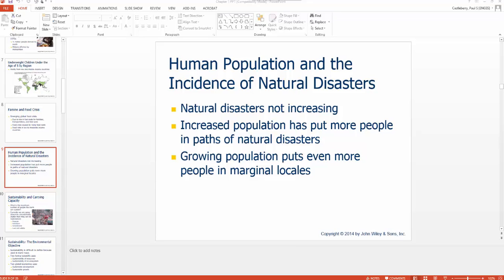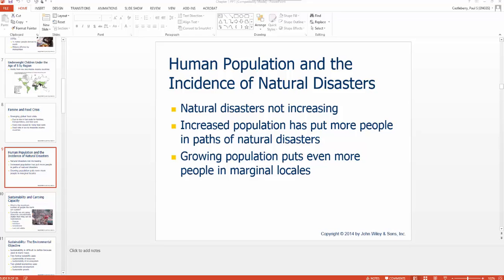So it's not necessarily that natural disasters are increasing, although there is some talk about that occurring if global warming is actually occurring. But if we just ignore that argument for the moment, we're placing more people in harm's way. And so those are the things that you have to watch for.